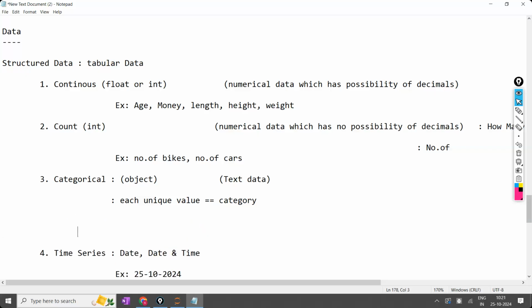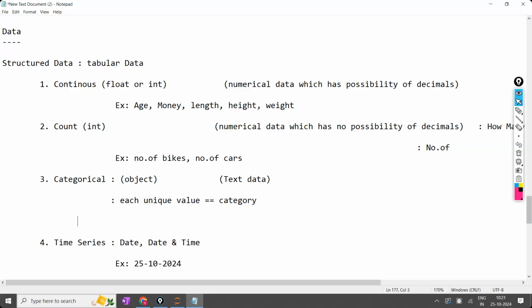Within the categorical, you again have two types. The first one is called nominal. The second one is called ordinal. Now, what is meant by nominal?